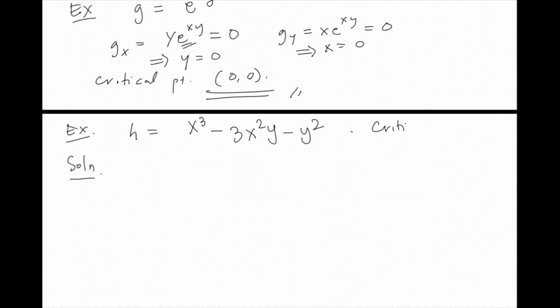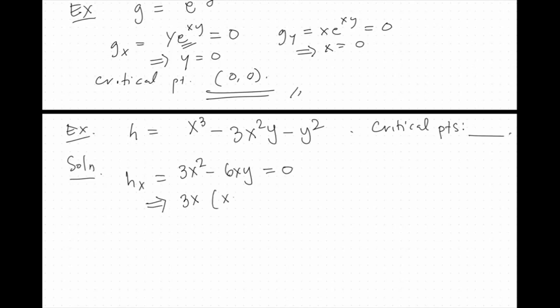Critical points are blank. So we get the partial derivative with respect to x. Here, with respect to x, we have 3x squared minus 6xy. Then we equate that to 0. This will imply that 3x times (x minus 2y) is equal to 0.